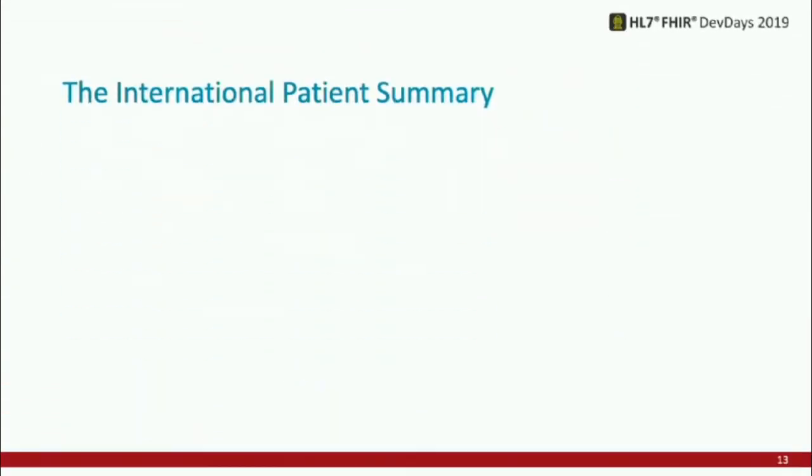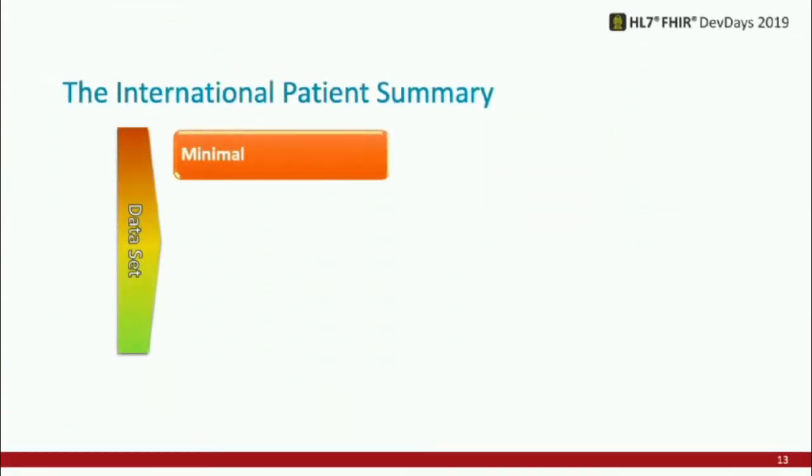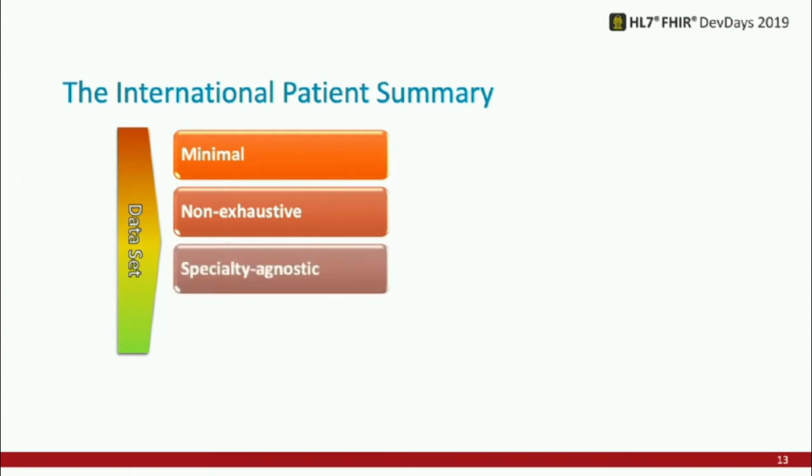Okay, so a little bit about the principles we talked about in the data set. The data set's a minimal one, basically meaning we're not trying to provide all the data that's out there. We're trying to provide a minimal set that's useful for folks to be able to deliver care in the appropriate situations. It's non-exhaustive, so it can't be the whole entire EHR.